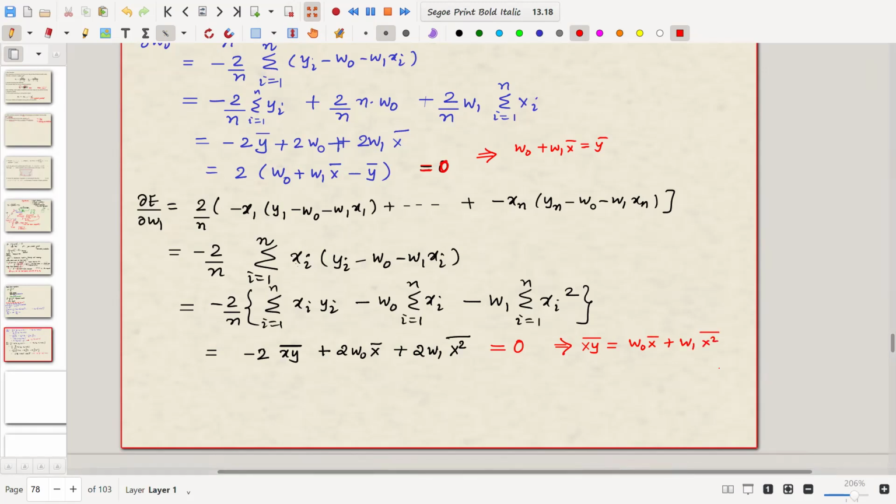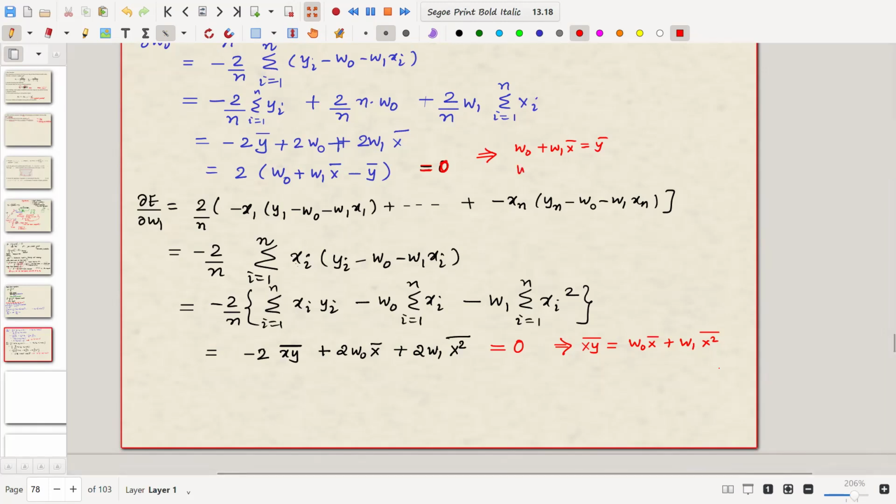Can we use both of them to find something? Do we have everything? What is our aim? Yes, our aim is to find W0 and W1.